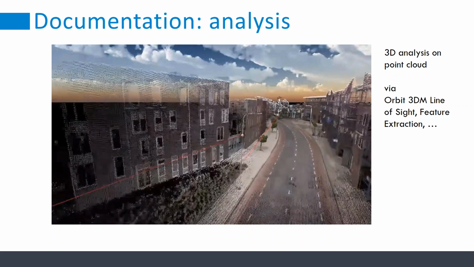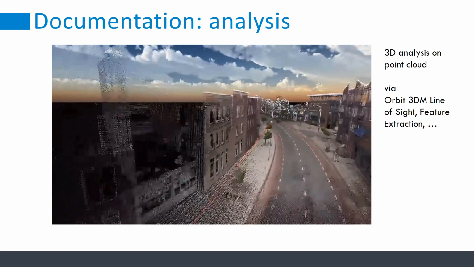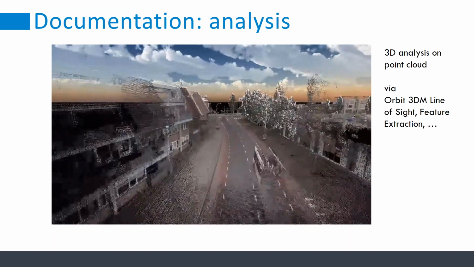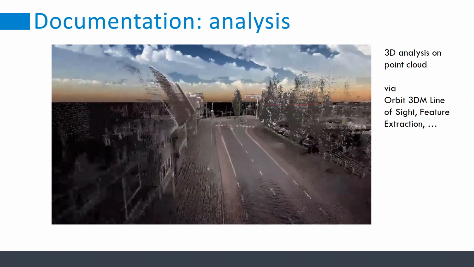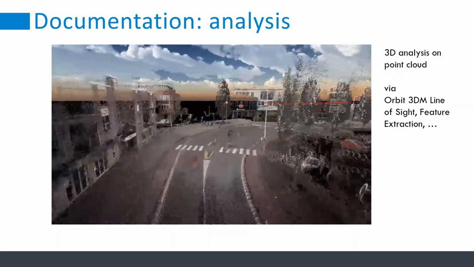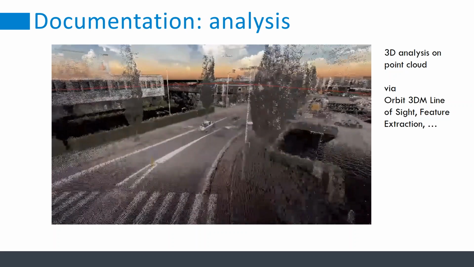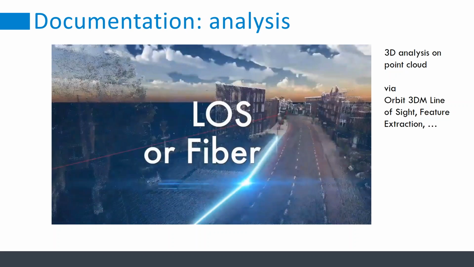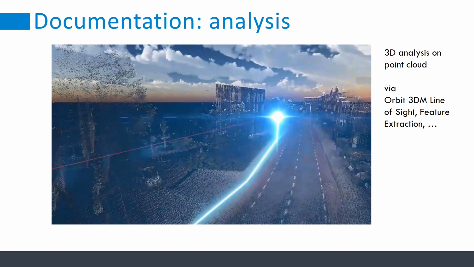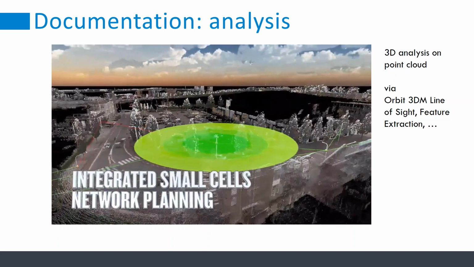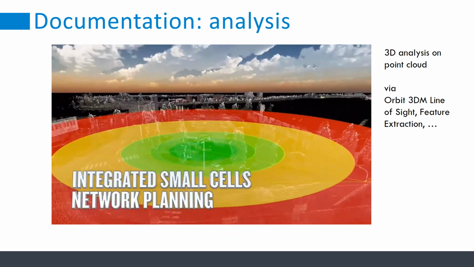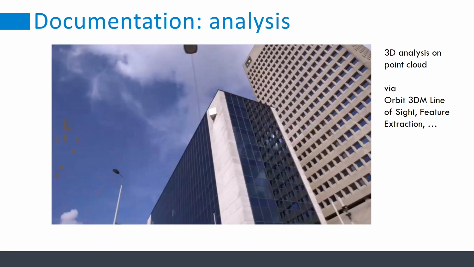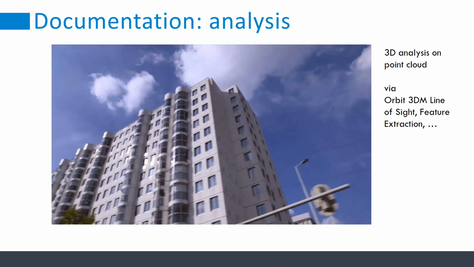Do I need to choose a fiber cable underground, or can I just go for a network above ground? All checking that and making that analysis can be done using the point cloud data, because the point cloud data gives that complete environment, and you can just put some algorithms on top of that and let the computer do the work and check exactly where the best position would be.